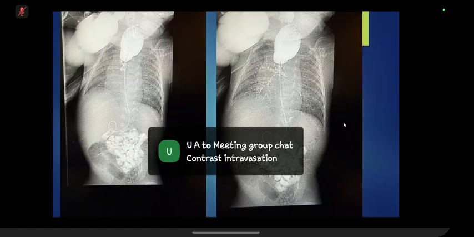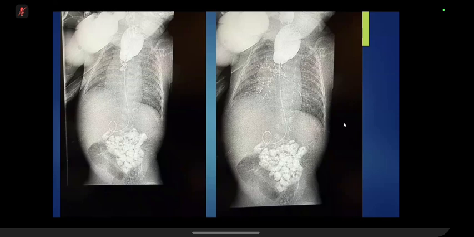It means that there is a fistula. Okay, where are you suspecting this area? The other film, yes. There is a dilatation of the esophagus and passing of the contrast through the trachea and bronchi.